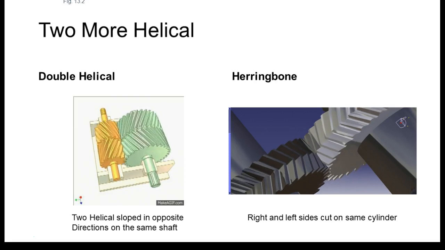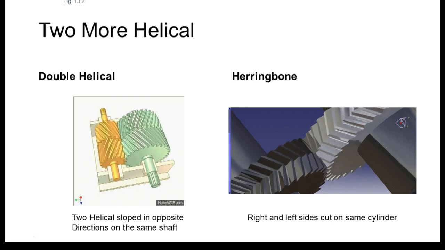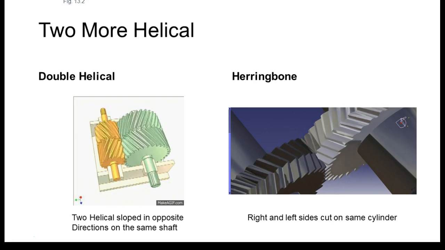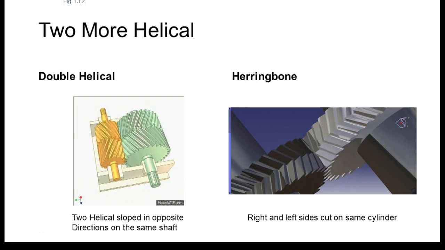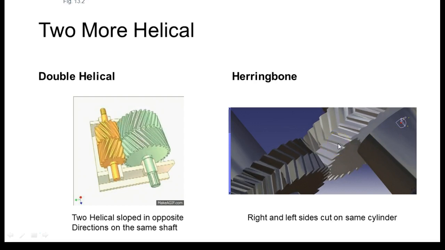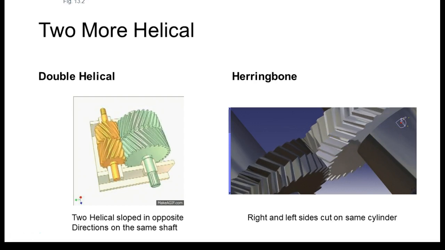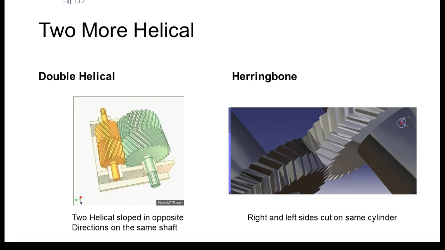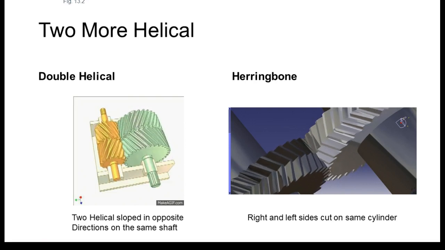Now what's that going to do? What's the advantage of these gears? Now these gears, especially these herringbone gears, are pretty hard to machine. So what's the advantage of these two or more helical gears?